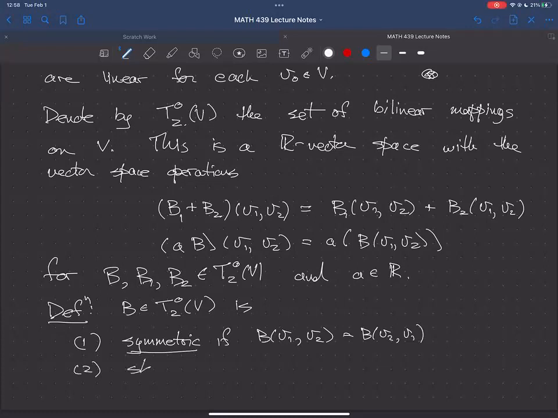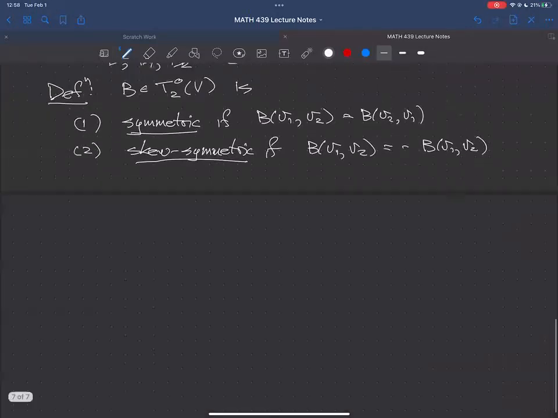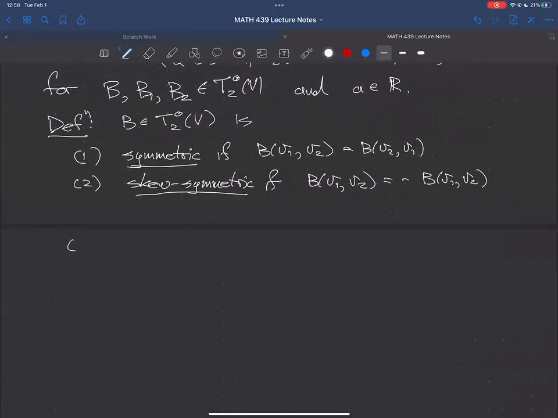Skew symmetric, and that has the obvious meaning. There are other attributes as well, which are combined with symmetric.